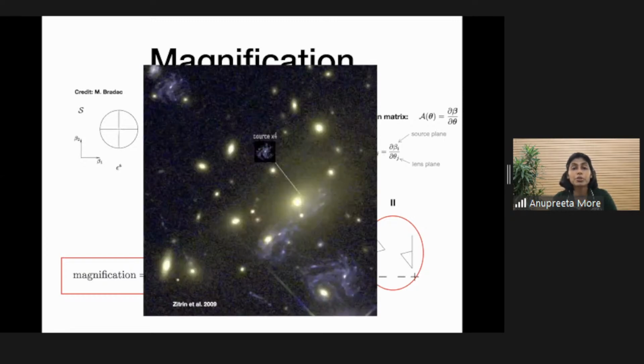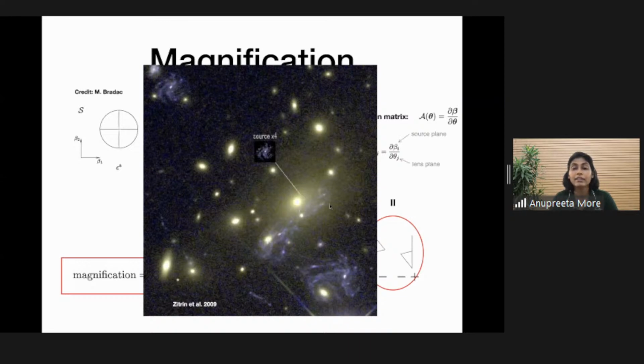Here I want to show just one example of another galaxy cluster, where you can see this beautiful spiral galaxy, which is located in the distant background, which is being lensed. And you can see that there are multiple images. This is, let's say, the first image, which is pretty much similar to how the original image of the source spiral galaxy looks.